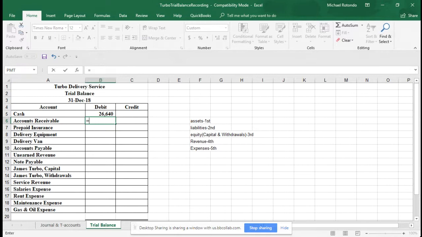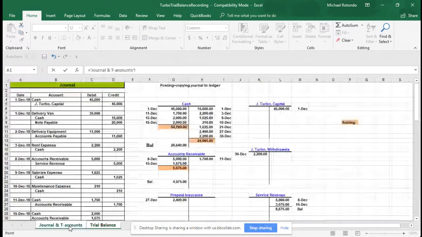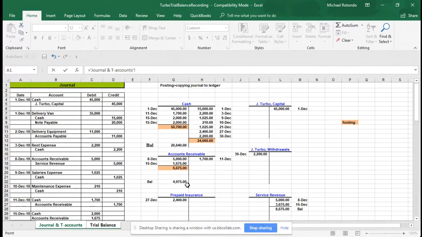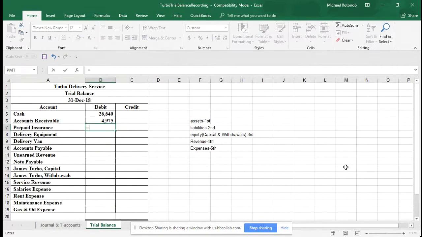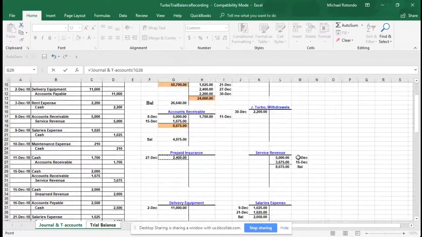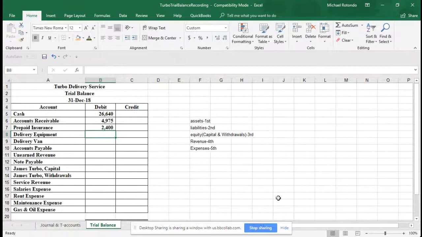We're going to type in equals. We're going to go to the Journal and T Accounts page. We're going to pick up our accounts receivable balance, not the individual footings. Okay. Prepaid insurance. We only have the one item, so we know that's the balance. Press Enter.